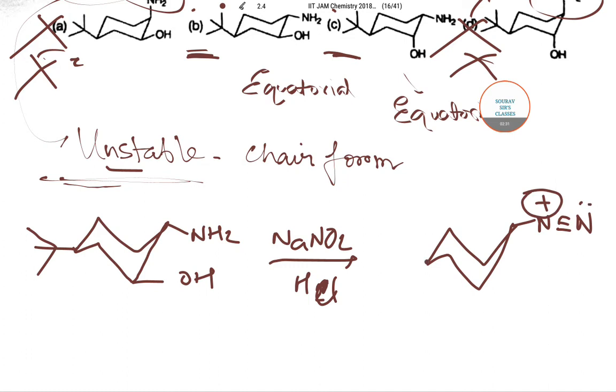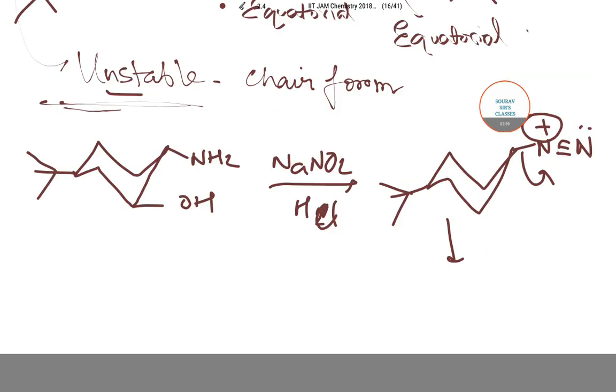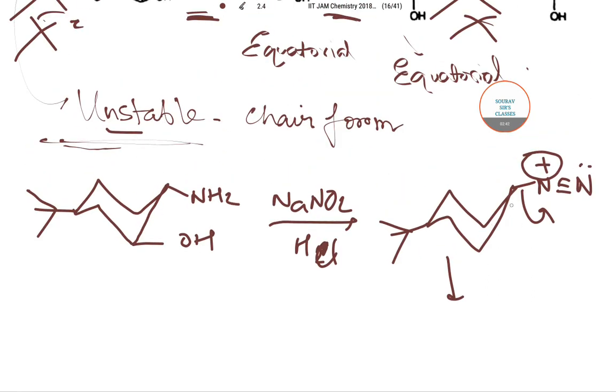This is the portion of the compound itself. Now this will leave, taking the bond with it, so a positive charge will develop here. So this compound will look like this, with a positive charge here and OH here.